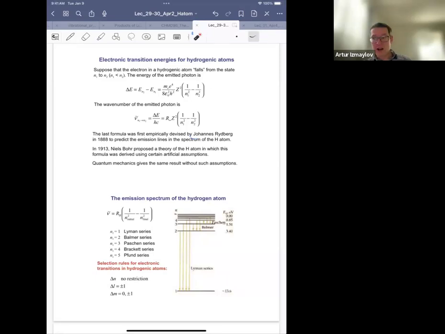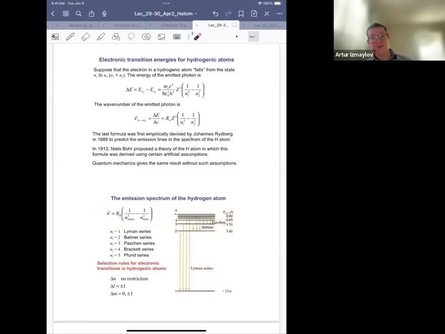So in our age of AI, sometimes you can find numerically something that fits the phenomena very well, but if you don't have theory, you never know when it's going to break or when it's going to work. So it's important to have theory. We're not only about the numbers. And this is one example where, without the theory, these are just formulas, they can be derived, but they don't explain why the hydrogen spectrum is like this.